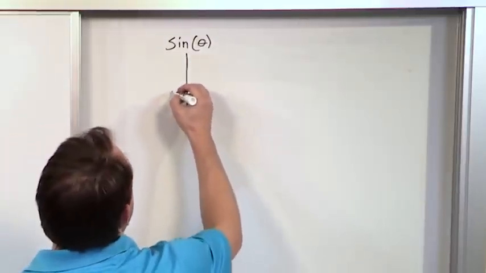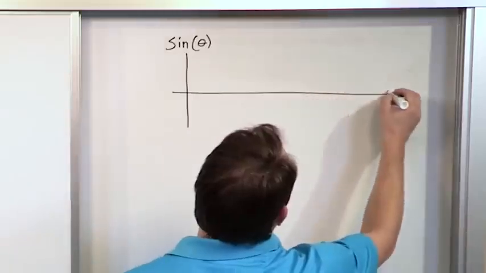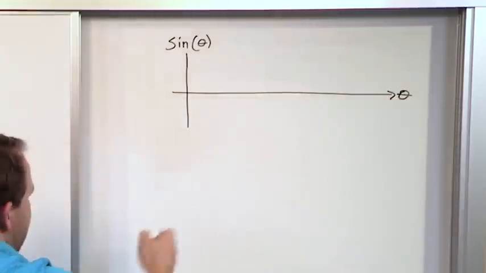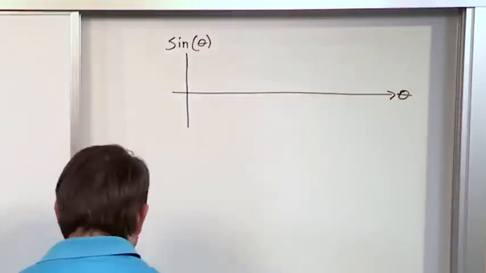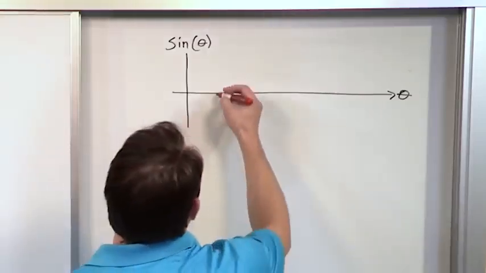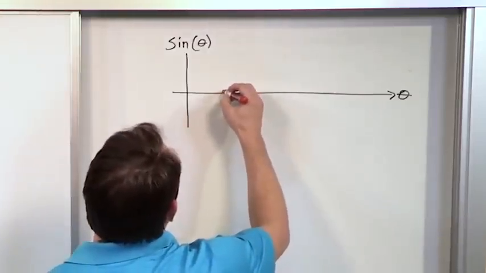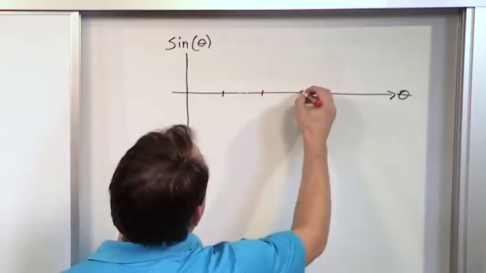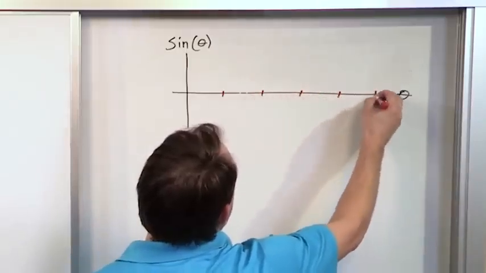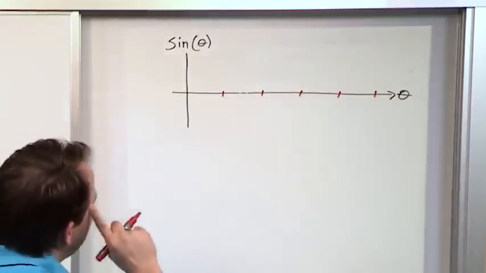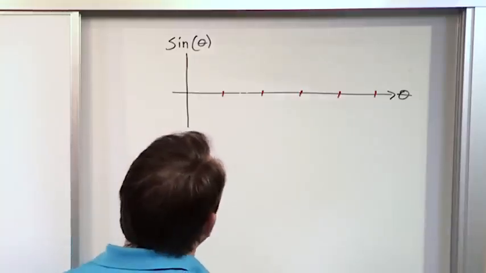So here is sine of theta plotted against theta. Now, I'm not going to be exact with this. The point of this is not to be exact here. But what I want to do is just show you what it generally looks like, because you need to have this in your head a little bit. I think it's helpful.